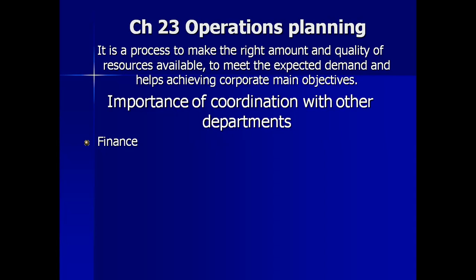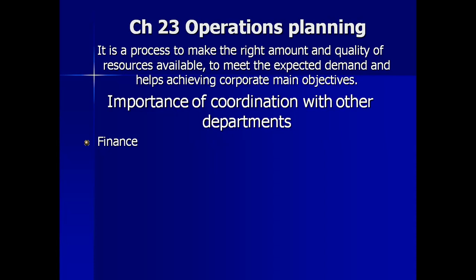Why? So that the finance department will arrange cash or finance before that time. Otherwise, if the operations department tells the finance department right now, the finance department may say, right now we do not have that amount of finance because you have not told us previously, so you have to wait maybe a couple of weeks, for example. Obviously, that is not possible. It is going to affect production badly, because your old machine is not going to work.